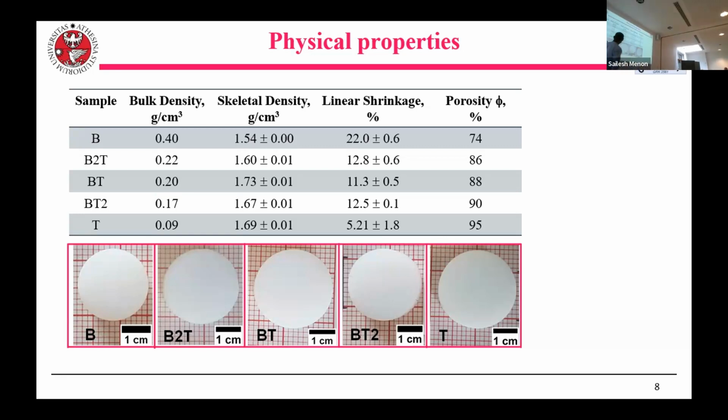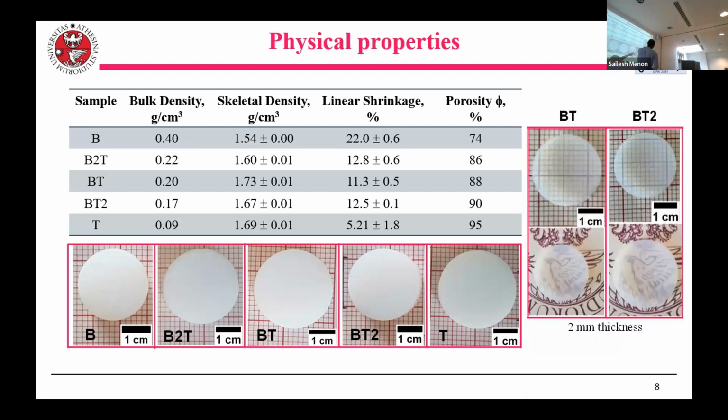As you can see, they appear white, which may be due to the scattering of light. But if we decrease the thickness, for example, down to 2 millimeter, the samples are really transparent.